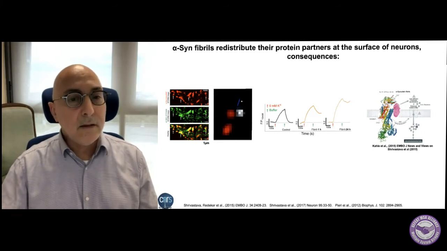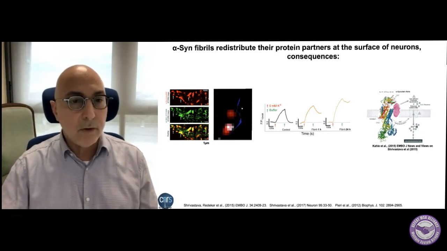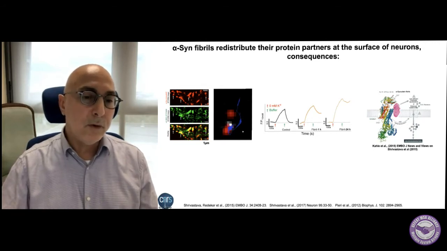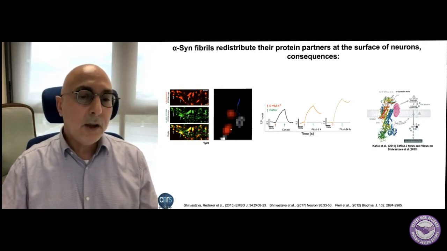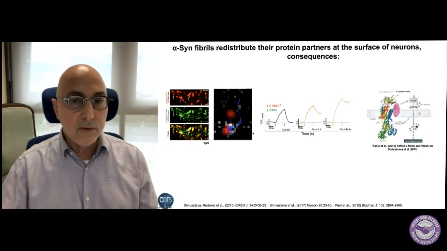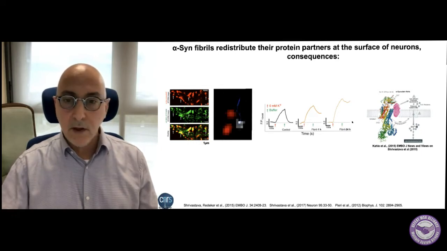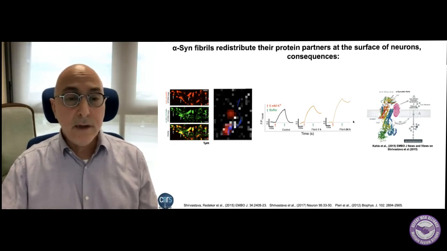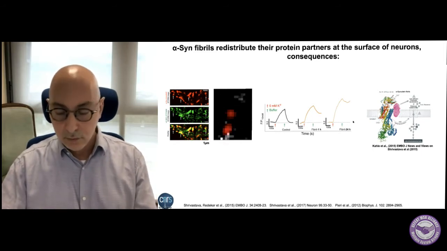And at the single molecule level, you can see here a sodium-potassium ATPase moving at the surface of the neuron until it hits a cluster of alpha-synuclein in red. And you can see it sequestered within this cluster. And this has consequences. The pumping activity of the sodium-potassium ATPase is lost, and this has very deleterious consequences for the neuron.